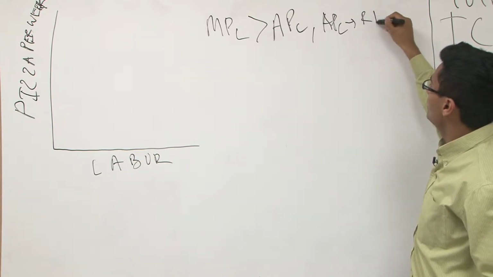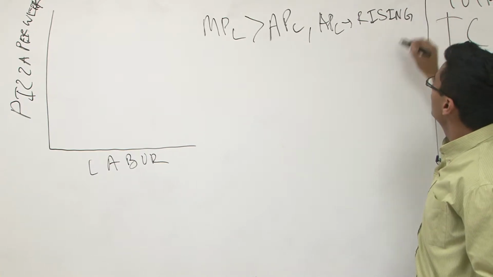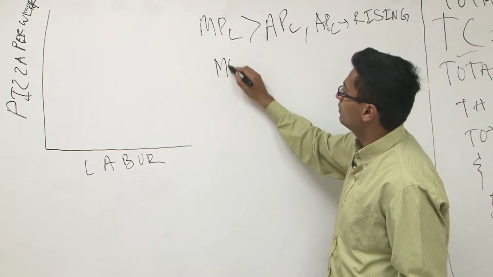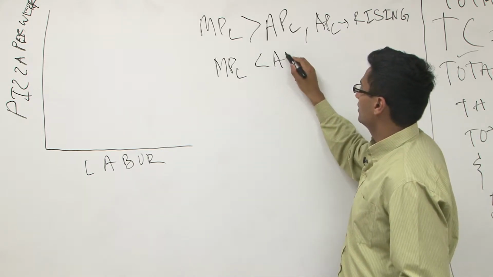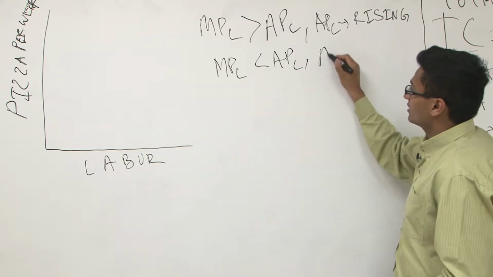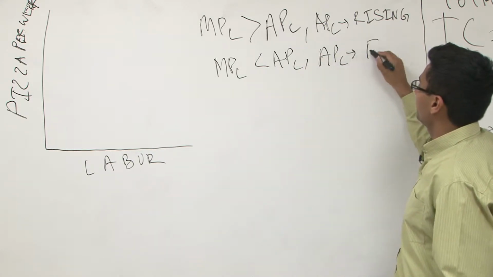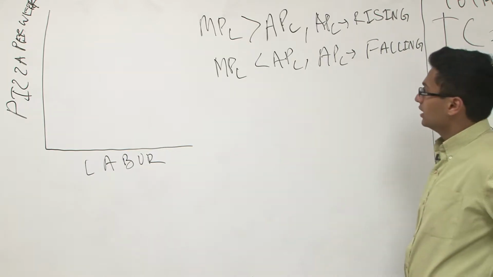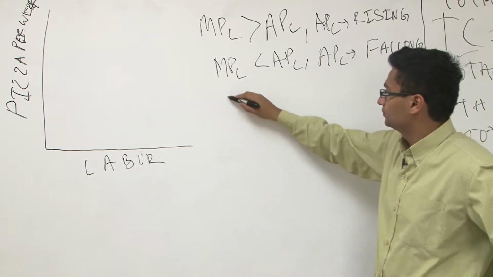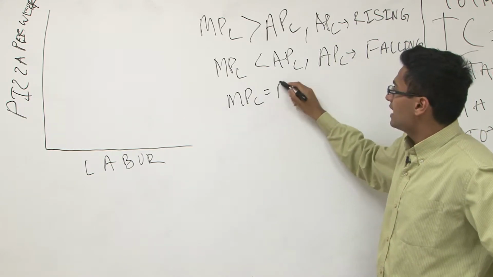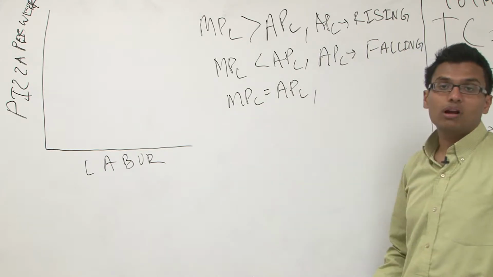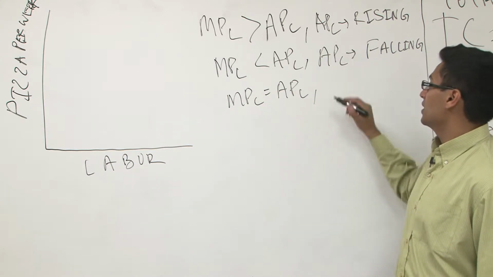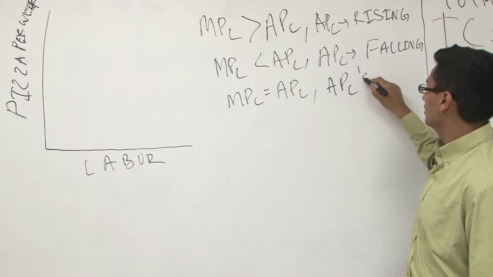Now the other side of it is, what if MPL is less than APL? Then APL is going to be, you guys can probably guess it, falling. Last part is, what if they equal each other? Well, this happens at a specific point. It's going to help us graph it. APL equals MPL at the peak of APL.